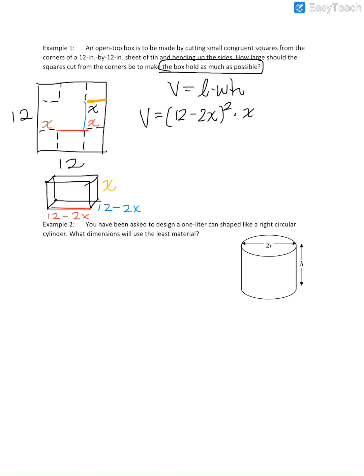You can go ahead and use chain and product rule. What I chose to do is actually distribute this all out. So when I distribute out the (12 minus 2x) squared, I get (144 minus 48x plus 4x squared) times x. Bring the x in.